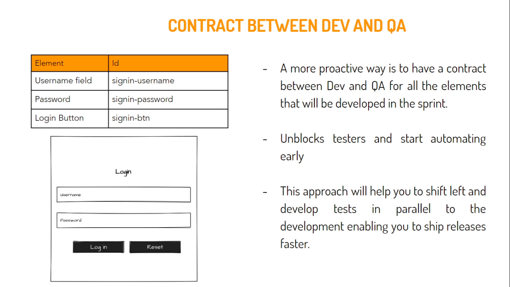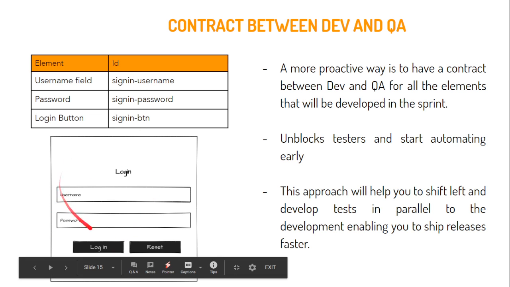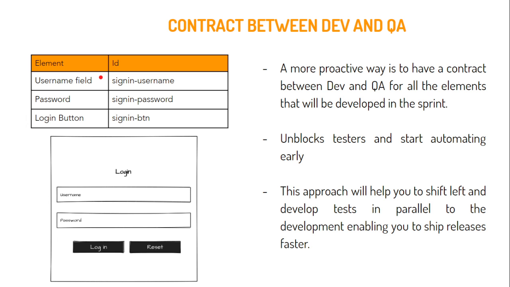A more proactive approach is to have a contract between your front-end dev and your QA. You can come up with a contract which has all the elements planned for the story and their element locators. So if I know what locators I can use for the login functionality, I can go ahead and automate in parallel with development.